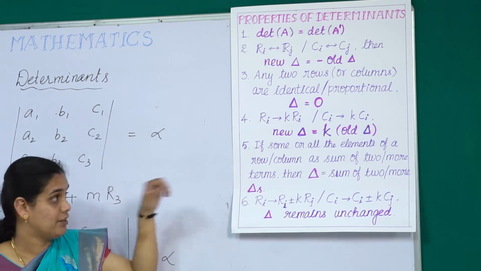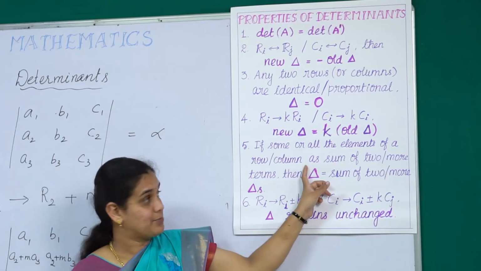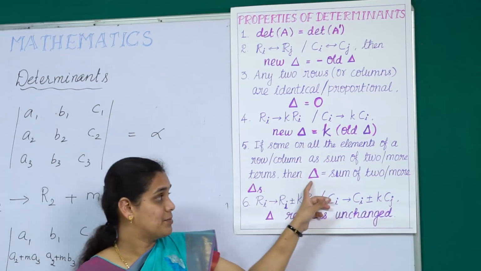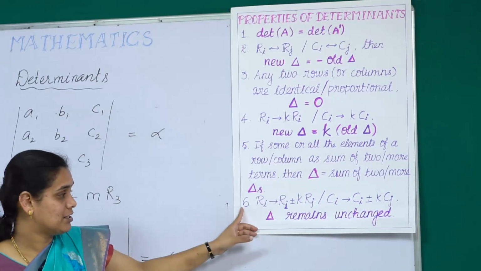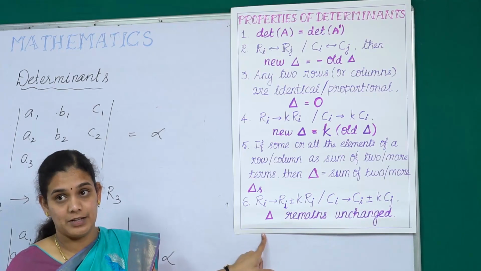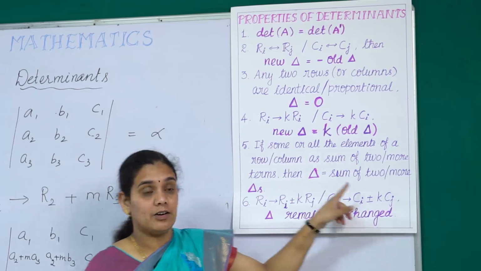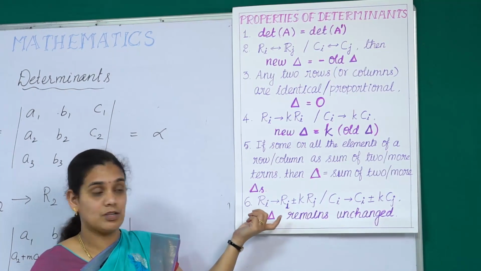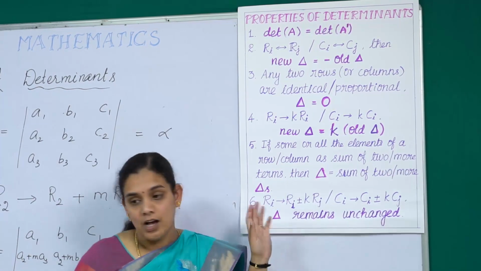The fifth one is if some or all elements of a row or column are expressed as the sum of 2 or more terms, then the determinant can be expressed as the sum of 2 or more determinants. The sixth one will not change the value of the determinant: multiplying each element of a row or column and adding to or subtracting from the corresponding elements of another row or column, the value of the determinant remains the same.